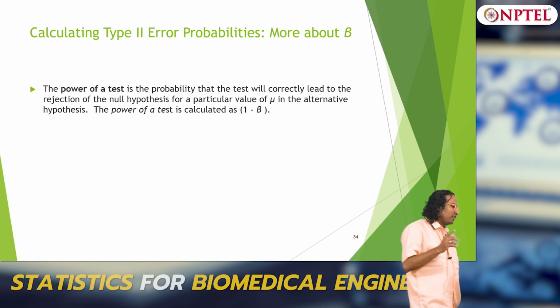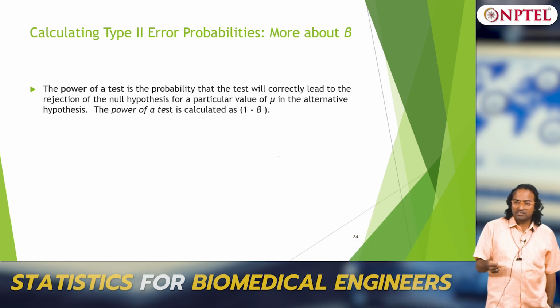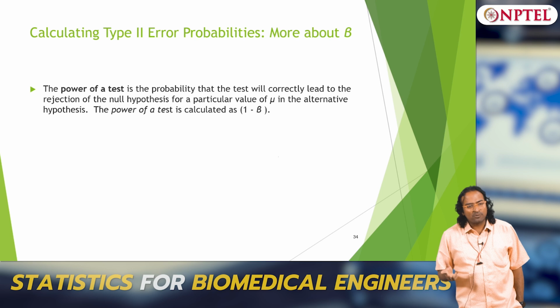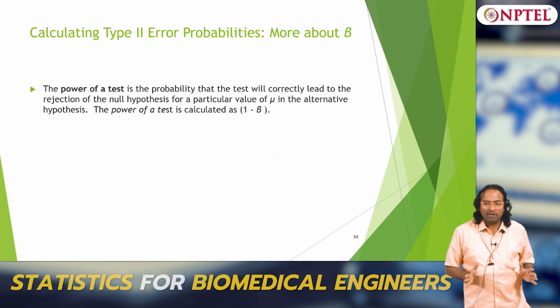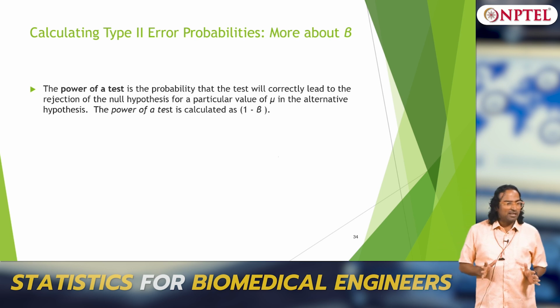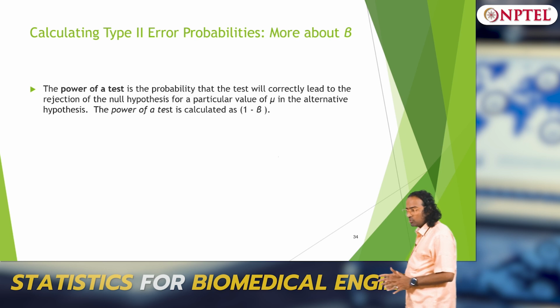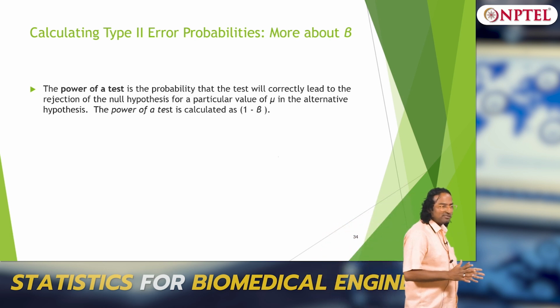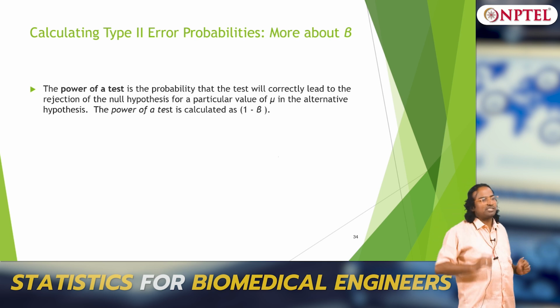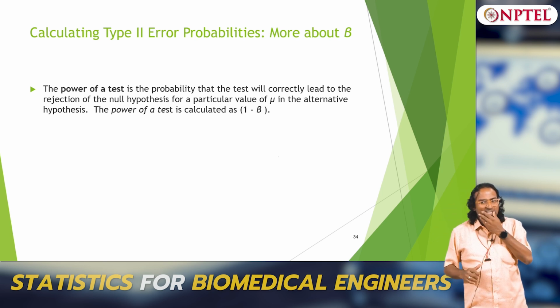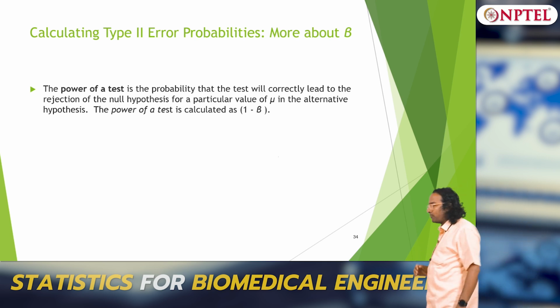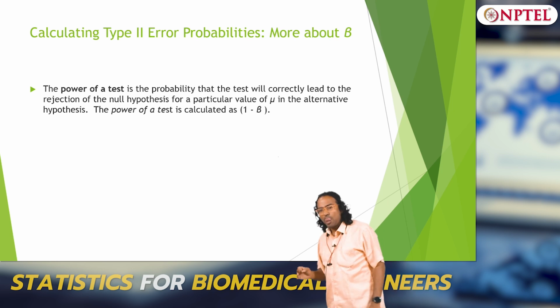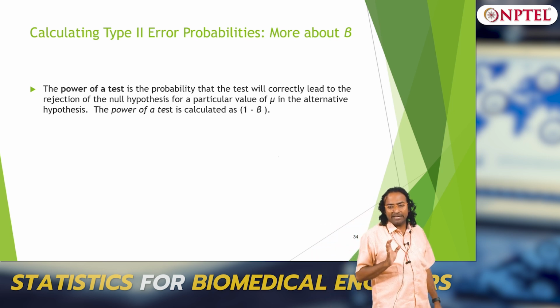1 minus alpha, in percentage, is the confidence level. 1 minus beta is nothing but your power of the test, and 1 minus alpha percentage is your confidence. So that is the significance of type 1 and type 2 error. The power of a test is simply determined by 1 minus beta.